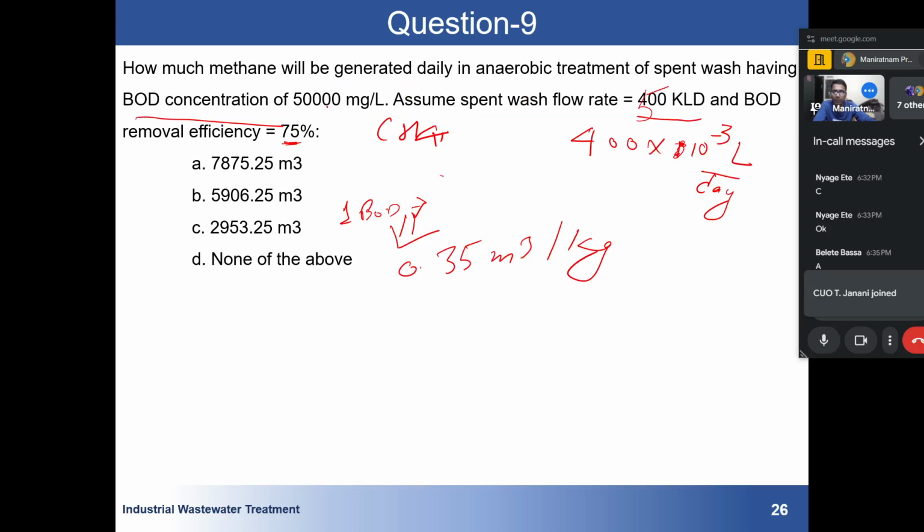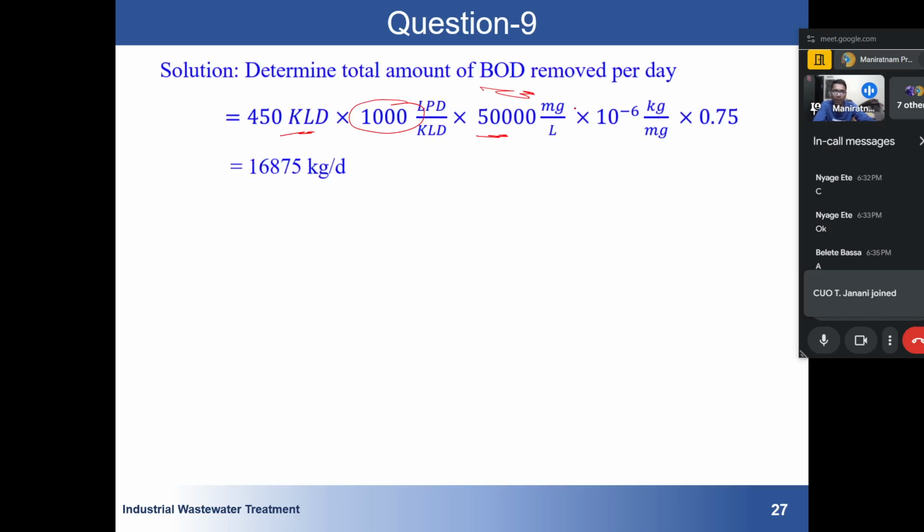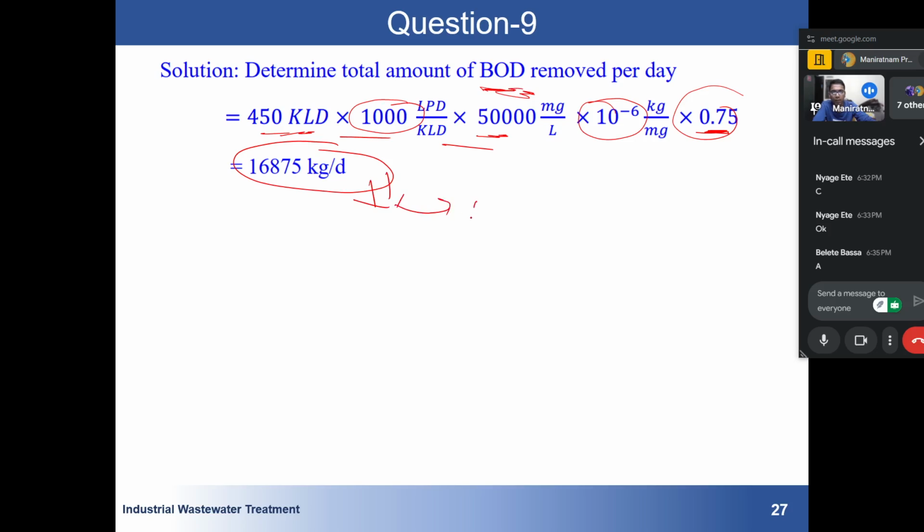It is saying 5,000 milligram per liter. Now I have to convert milligram into kg, that's why multiply it by 10 to the power 6. And the efficiency is 75%, that's why multiply it by 75%. I have multiplied all these three, and we have got this much kg per day of BOD being removed. Whatever BOD has been removed will go to the anaerobic chamber for anaerobic treatment.